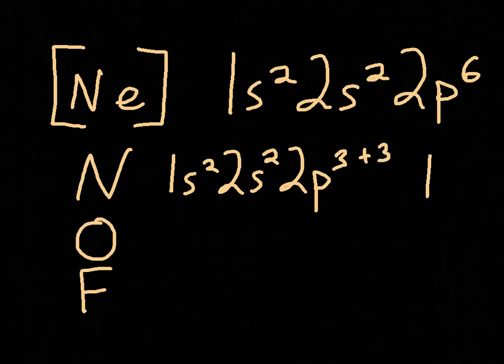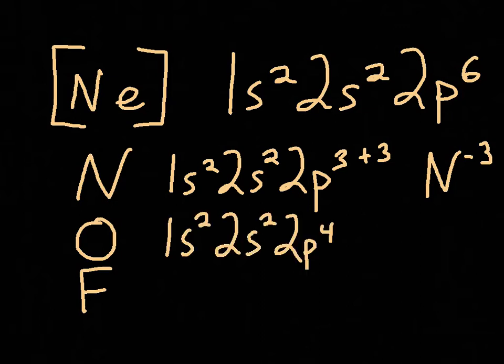Therefore, nitrogen's ion is N to the negative 3 for the additional 3 negative particles. Oxygen is only 2 electrons away from neon. By gaining 2 more electrons to form that octet, oxygen's ion is O to the negative 2.